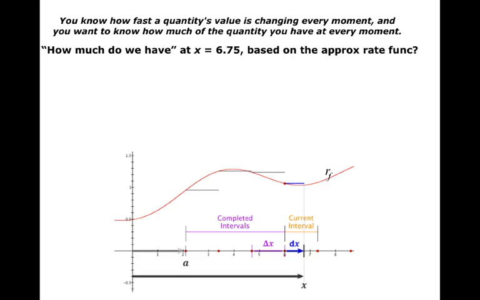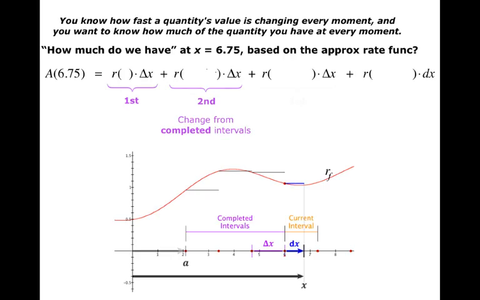We're adding rates of change together. Are we adding rates of change together? Not quite. We're adding bits of accumulation, right? Which we get from the rate of change. dy equals m dx, so we're adding a bunch of bits of accumulation. And so we've got completed intervals and we've got the current interval. So A of 6.75 is going to be the change from the completed intervals. In this case, there are 3. We're starting at x equals a, down here.